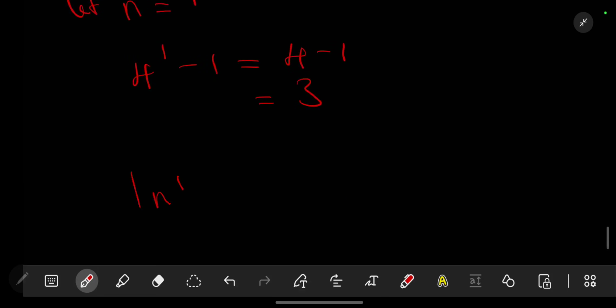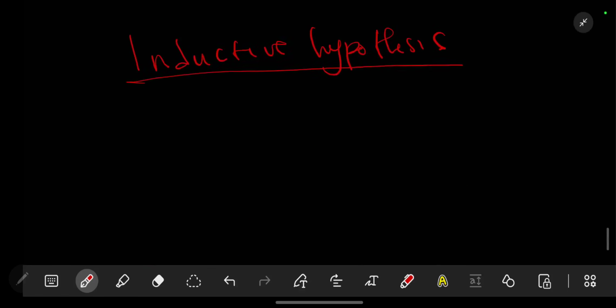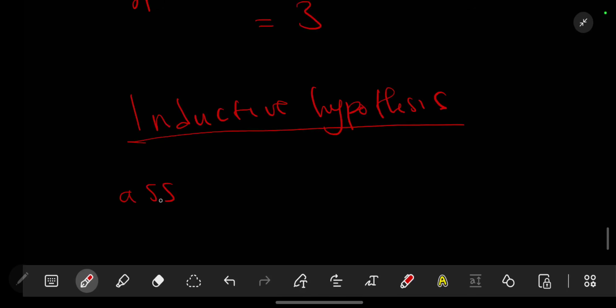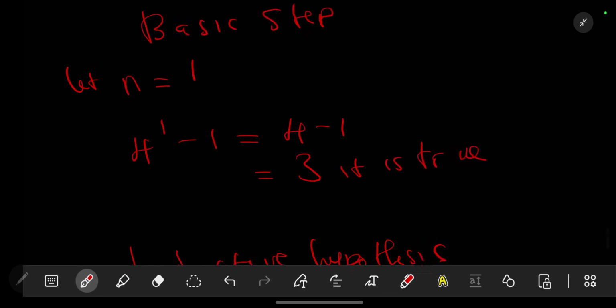From there, we are going to come up with our inductive hypothesis. So the inductive hypothesis is where we assume. Here, this has given us 3, so we can say it is true. It's true because 3 is divisible by 3 itself.